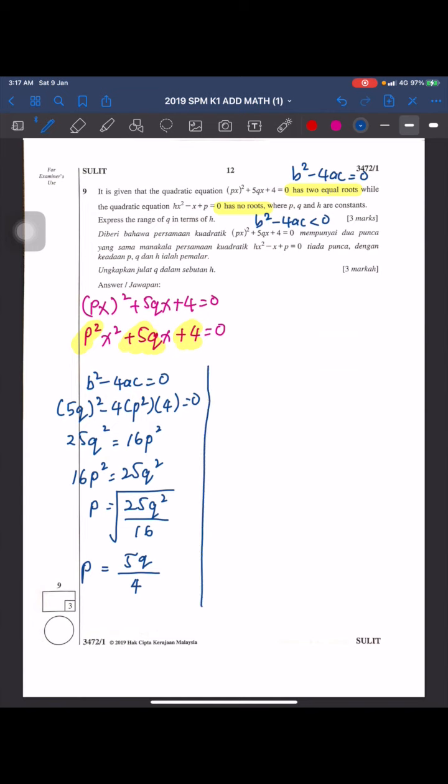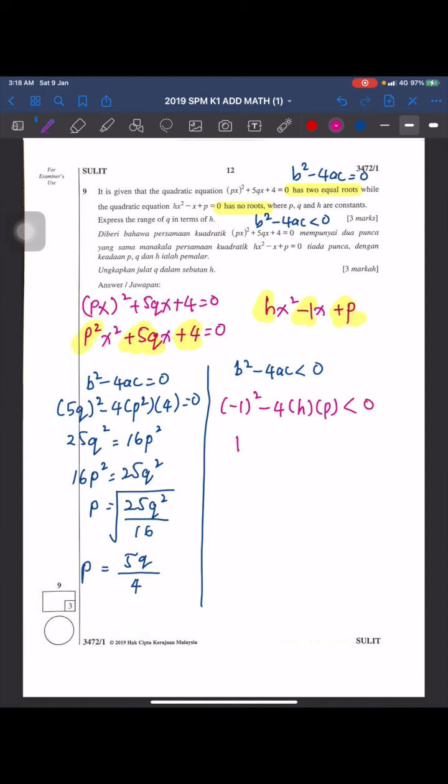Okay, second part kita ada b square minus 4ac is less than 0. So, equation dia tadi kita ada hx square minus x plus p. Okay, so kita tahu this is our A, ini adalah B, ini adalah C. So b square, so negative 1 square minus 4, a is h, c is p, less than 0.